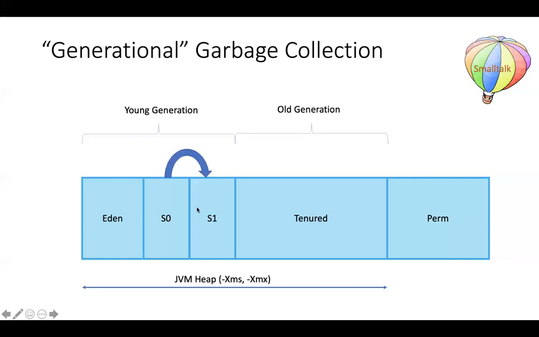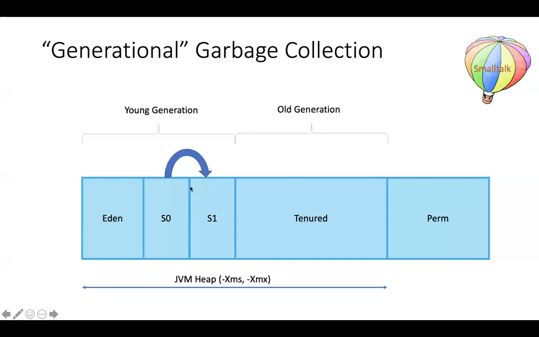Survivor space uses a copying collector. So survivor space will fill up S0, say, and once S0 is full, it'll copy all of the live objects to S1 and then wipe S0. And vice versa, once S1 gets full, it will copy everything that's live back to S0, looking for just the live objects, and then wipe the memory there.